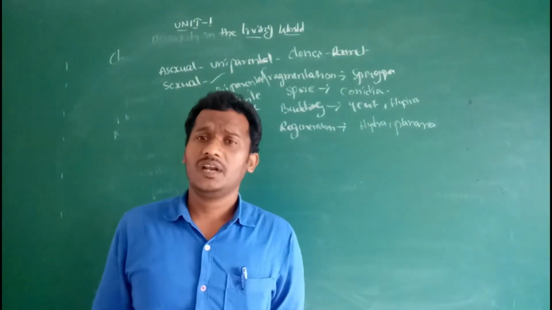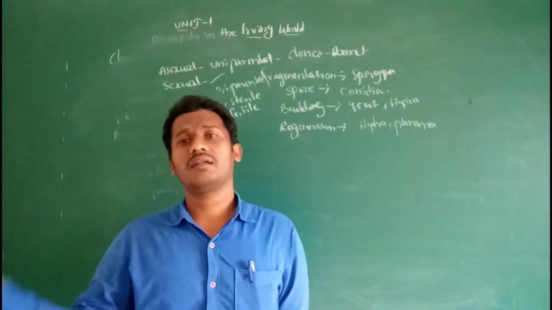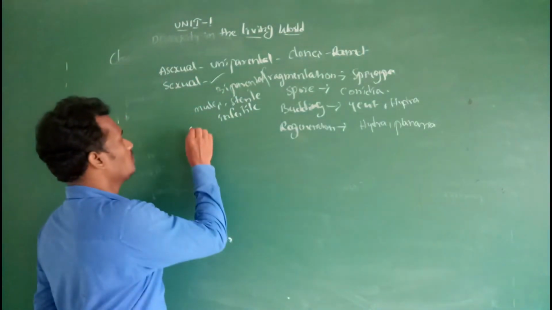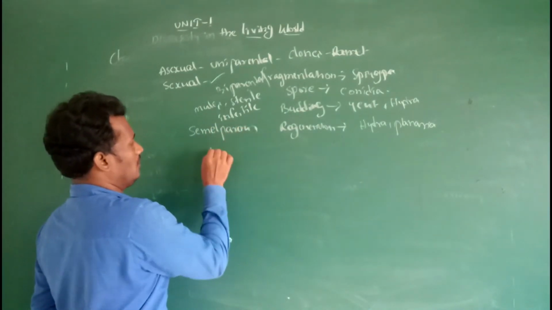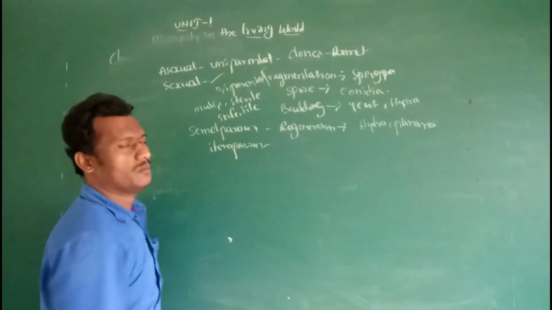Next one, reproductive cycles. They may take place one time or more times in the life cycle of an organism. Based on this, organisms are of two types: semiparous and heteroparous.